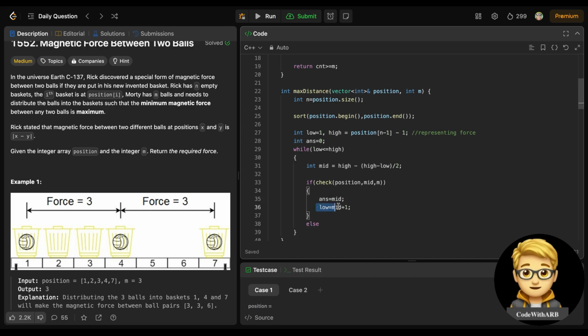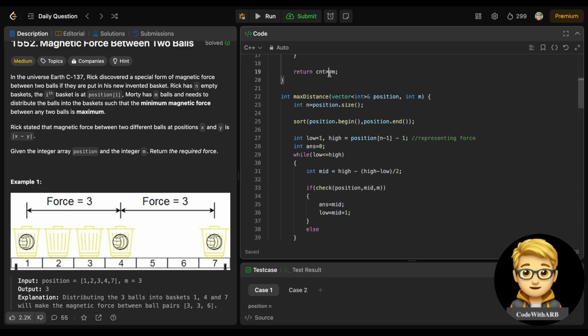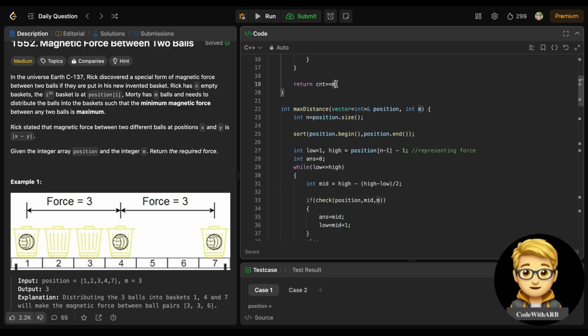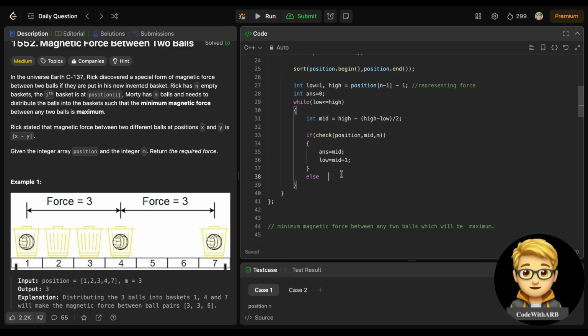And we will check further. And if this condition is not satisfied, it means we can't place all the balls, can't place the minimum m balls. So we will reduce the force, so that I can place all the balls, right? And at last I will return answer simply, right?